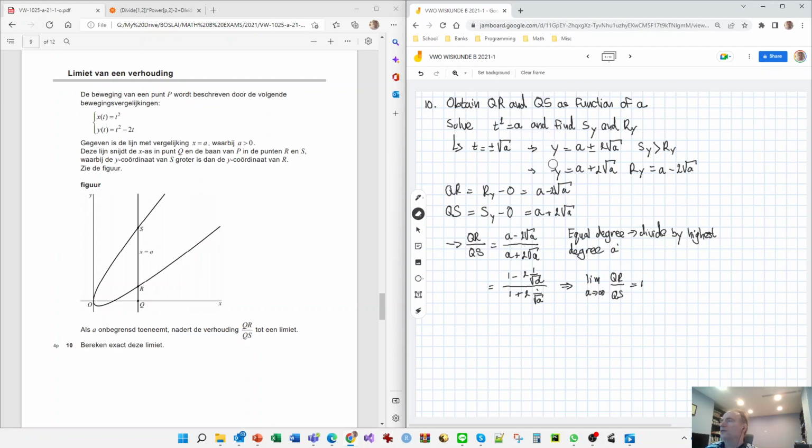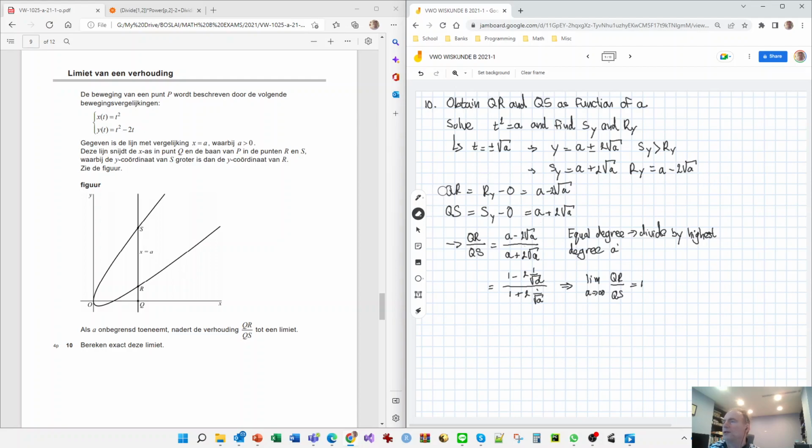So these are the two solutions, and they already tell us that the y coordinate of S, I probably should call it y_S actually. Anyway, this is the y coordinate of S is a plus 2 times the square root of a, and the y coordinate of R is a minus 2 times the square root of a.